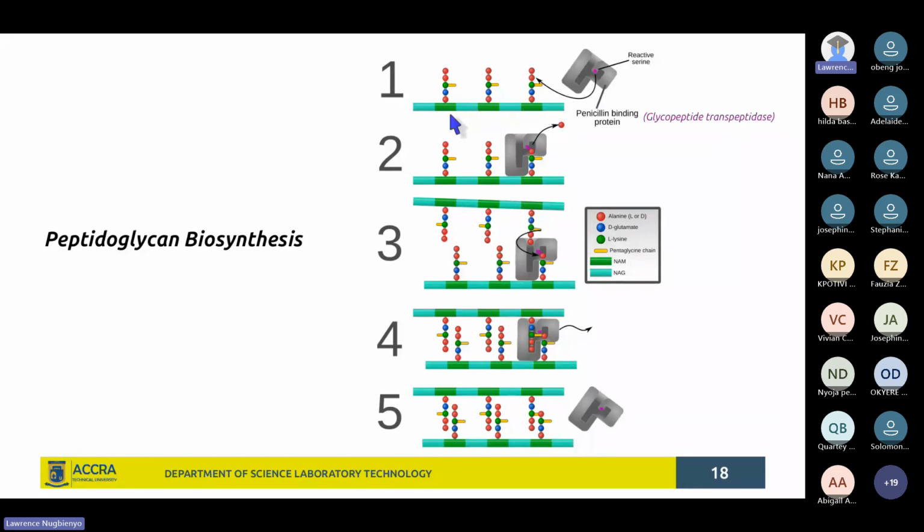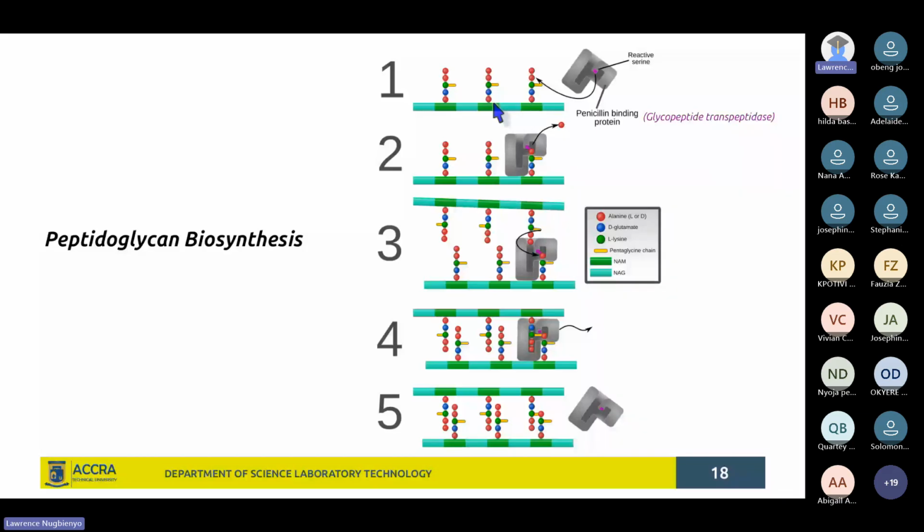Looking at it from the top down, that's why I've numbered it 1, 2, 3, 4, 5. What you need to look at is this light green portion representing the N-acetylglucosamine, and then a deep green representing the N-acetylmuramic acid. So that's how they alternate.